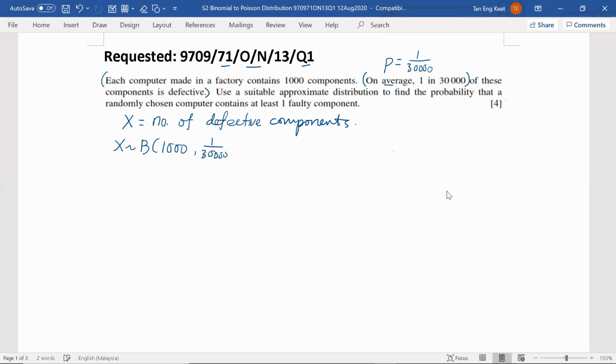So what is the suitable approximation here? It is a Poisson distribution. And the parameter of the Poisson distribution is the mean. From a binomial distribution, the mean is np.